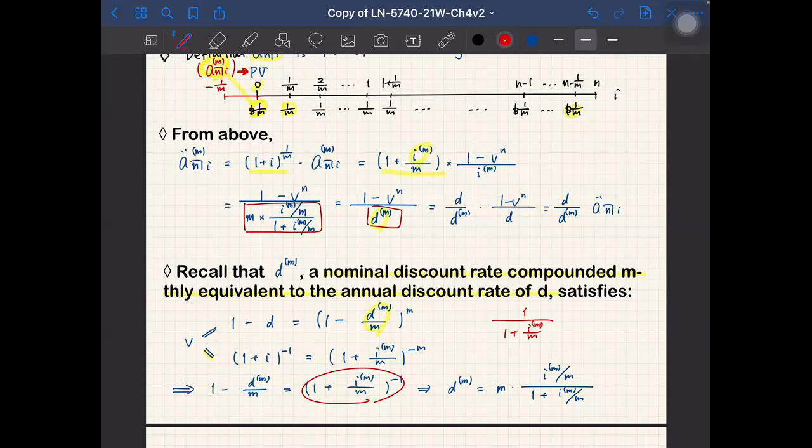So we move this term to this side, and we move this term to this side. Then 1 minus this term.